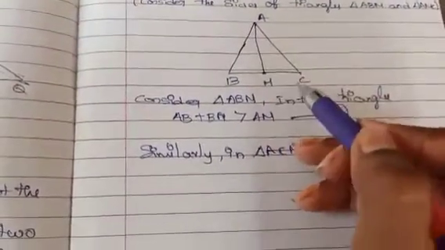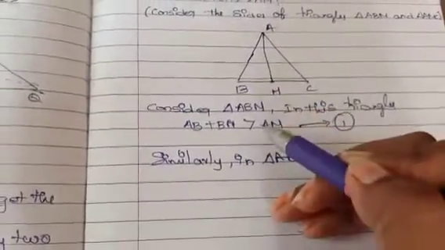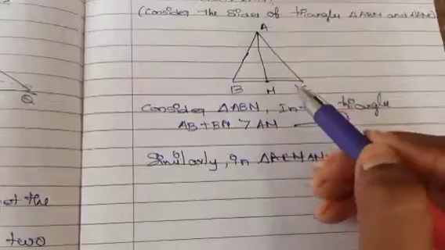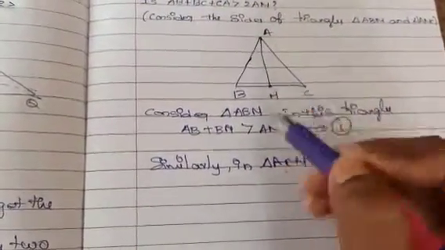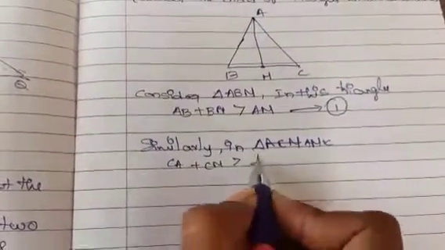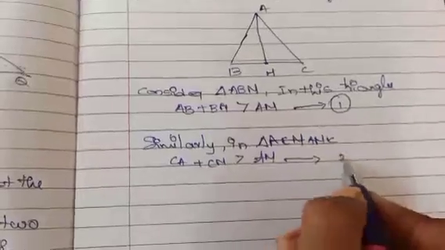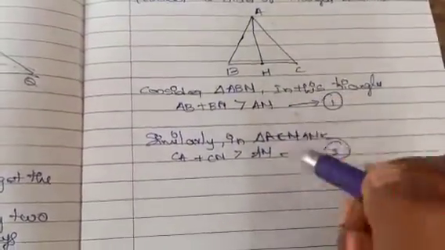Here also, two sides are greater than the other side. So CA plus CM is greater than AM. This we call the second equation. First we will add these two equations.